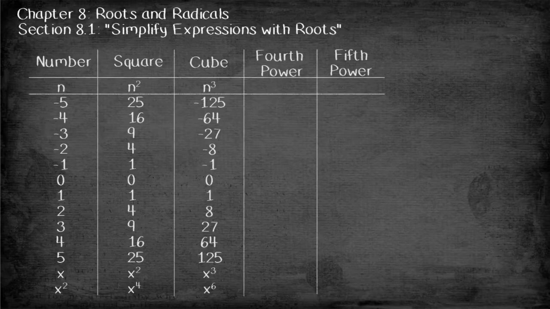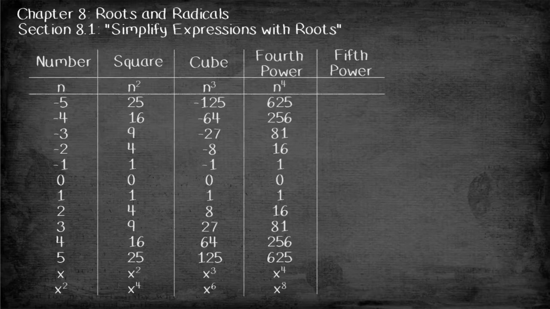If we cube the quantity x squared, remember cubing is multiplying the number by itself 3 times. So this would be x squared times x squared times x squared, which would be x to the 6th. And from properties of exponents, we know that we're going to be multiplying the exponents together.